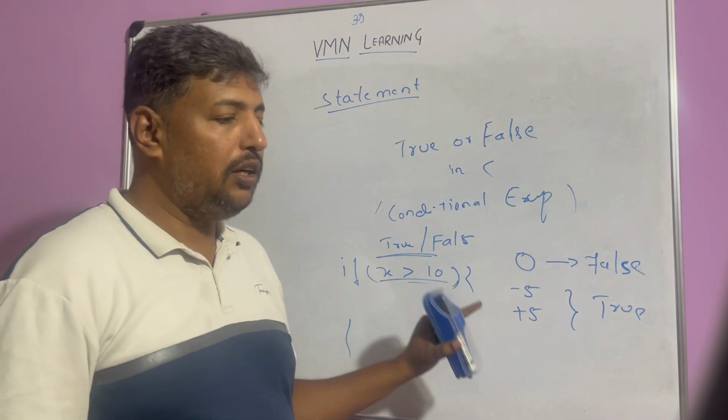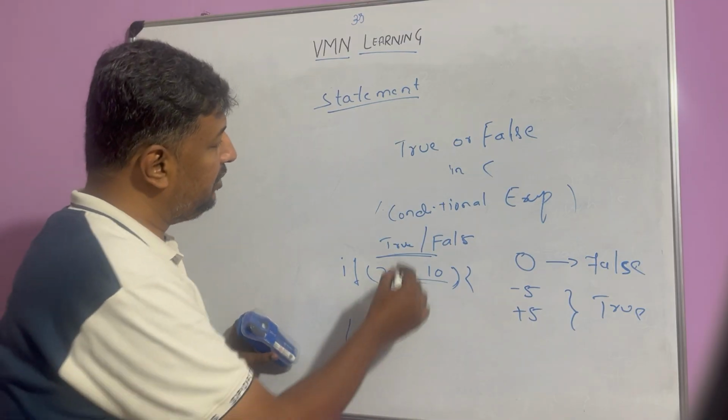So all non-zeros are true. And these are the true and false.